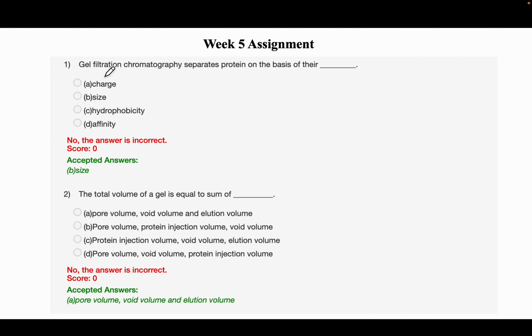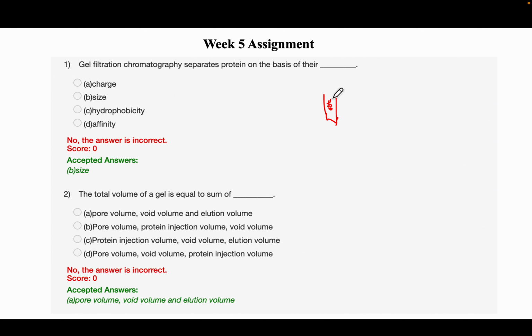The first question is: gel filtration chromatography separates protein on the basis of their charge, size, hydrophobicity, or affinity. What would be the answer? We discussed the gel filtration chromatography principle. In gel filtration chromatography, we have a bed volume with porous structure.